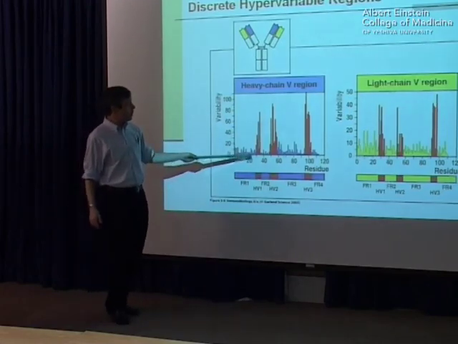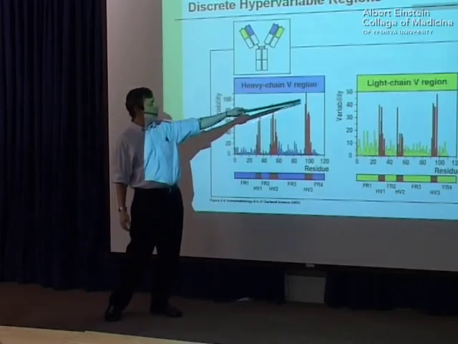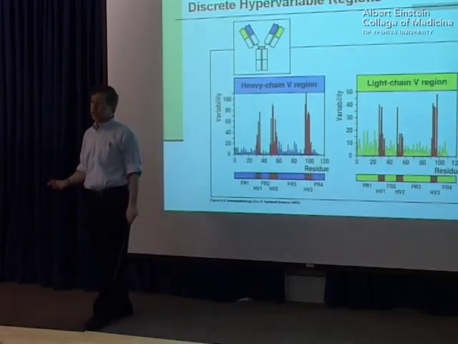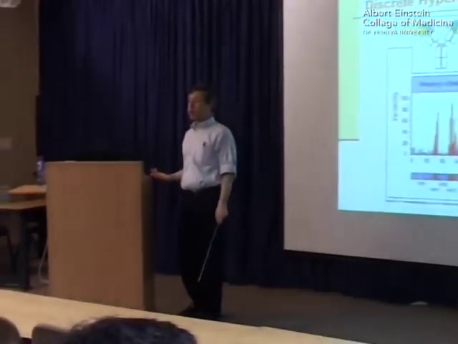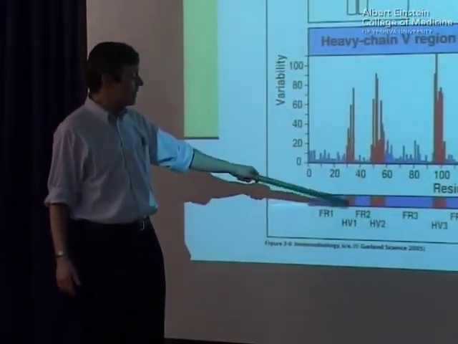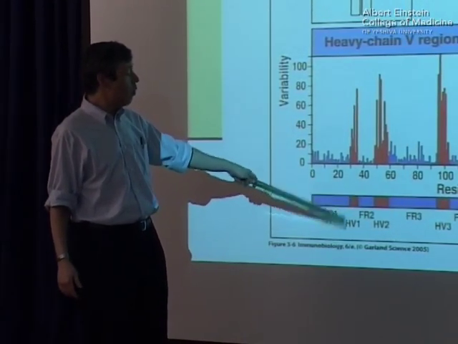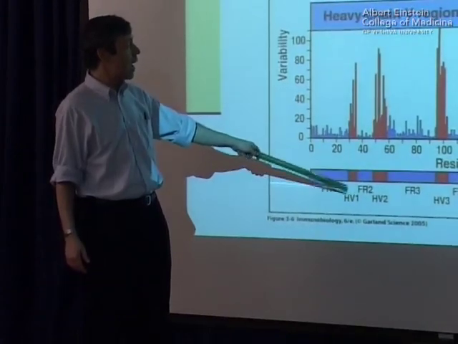By doing the sequencing, what one sees is 3 hotspots within the variable region. So even within the variable region, there are areas that we call hypervariable. They have even more variability. And these 3 regions basically comprise different sequence hotspots in the gene of the immunoglobulin molecule. Again, I'll show you the molecular basis for these hotspots.